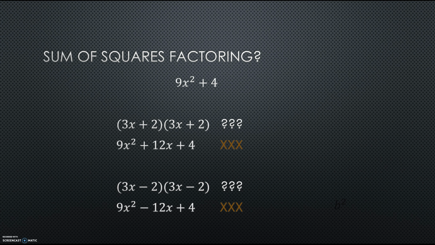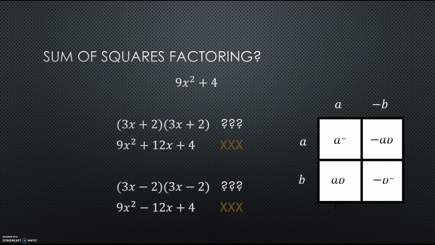And the reason why a difference of squares does factor and a sum of squares doesn't, just visualize this box here. There's no way you can make these two terms cancel without one of them being negative and one of them being positive. Well, if you have one negative and one positive, you end up with the difference of squares every time. So this middle term, this 12x in this case, it's only going to cancel out if I'm multiplying something minus something and something plus something, right?